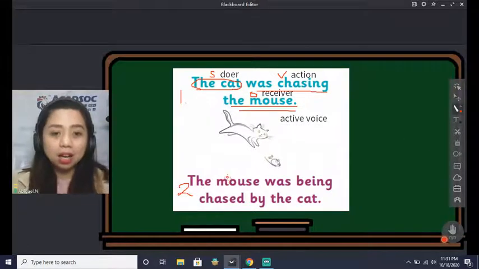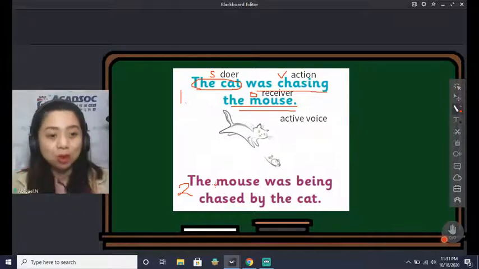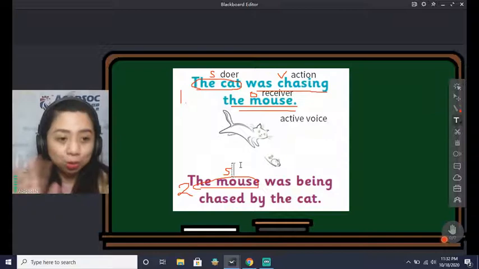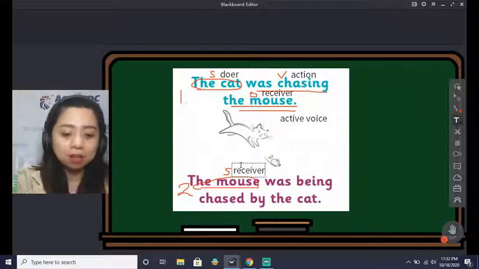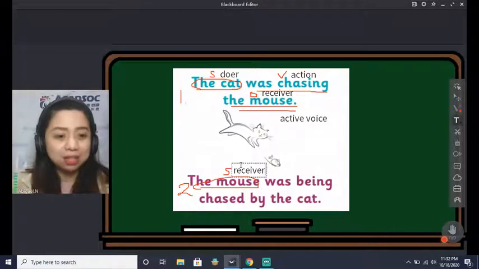Okay, please compare. The mouse was being chased by the cat. Again, the mouse was being chased by the cat. So the mouse is the subject. Earlier, it's the cat. How does it happen? The subject here is not the doer anymore. It becomes the receiver of the action. It's actually, the mouse is still the receiver, right?